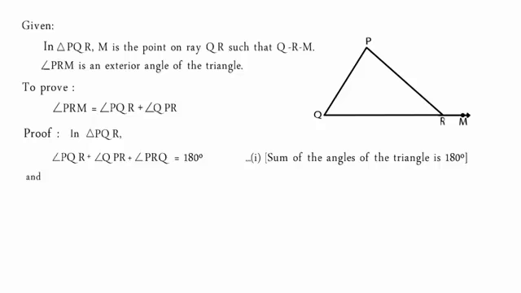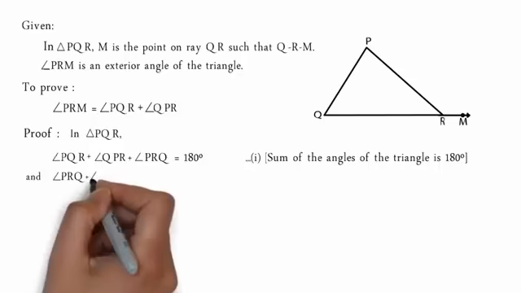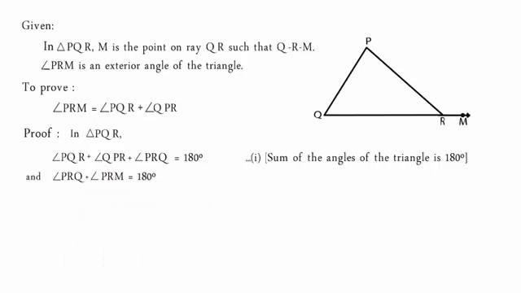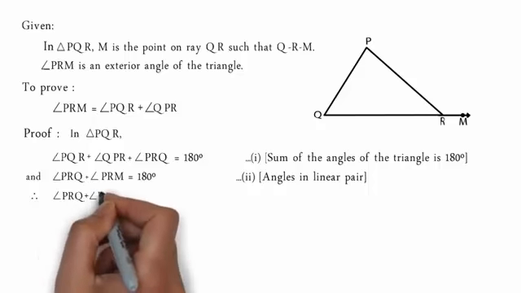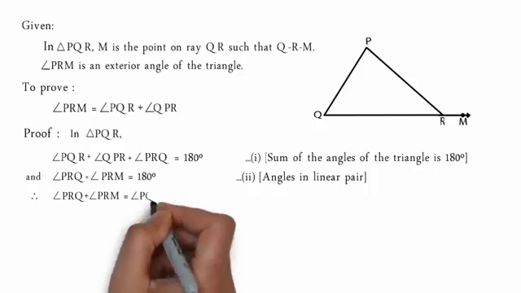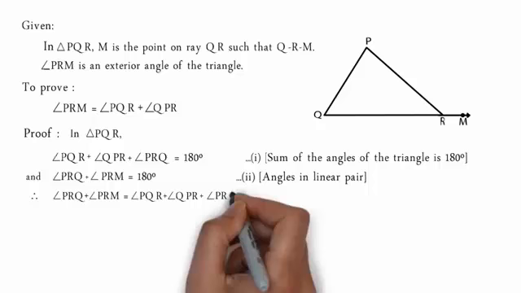And hence, by angles in linear pair, the sum of angle PRQ and angle PRM is 180 degrees. Now we are going to substitute equation 1 in equation 2. Therefore, angle PRQ plus angle PRM is equal to angle PQR plus angle QPR plus angle PRQ.